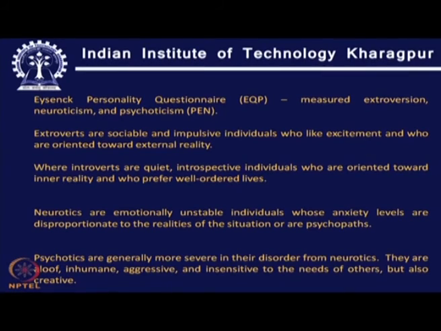We have already reviewed this while discussing the earlier concept. Neurotics are emotionally unstable individuals whose anxiety levels are disproportionate to the realities of the situations. Psychotics are generally more severe in the disorder than neurotics. They are aloof, inhuman, aggressive and insensitive to the needs of others, but are also creative.